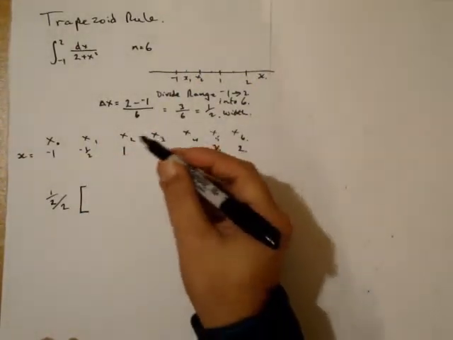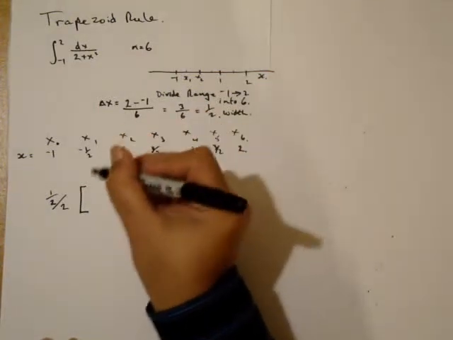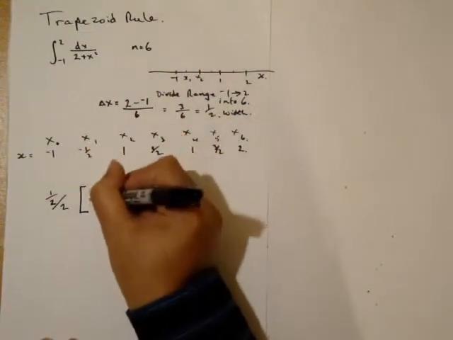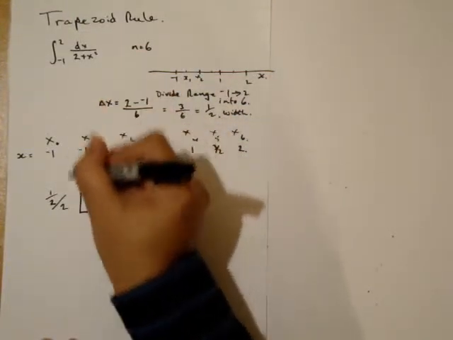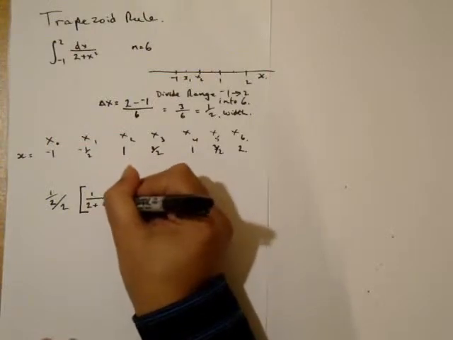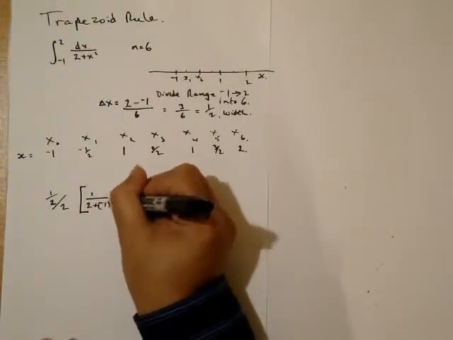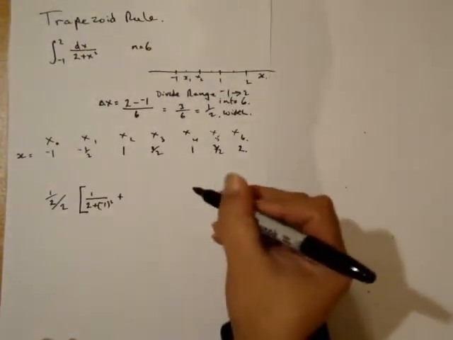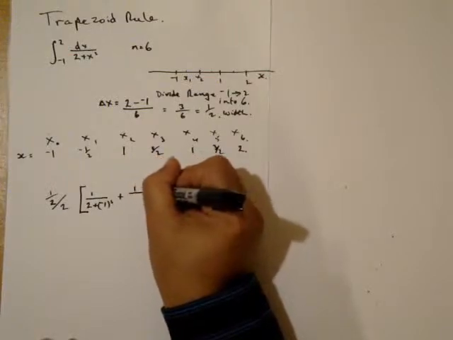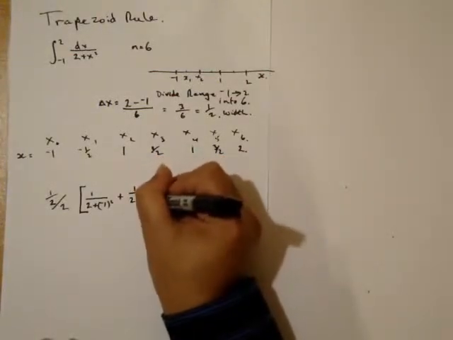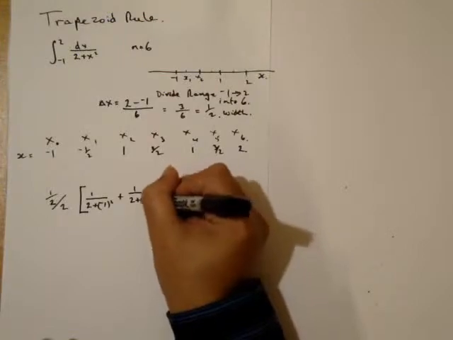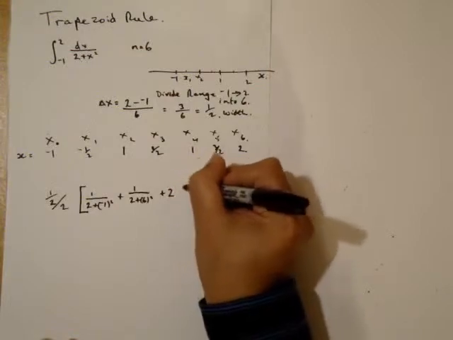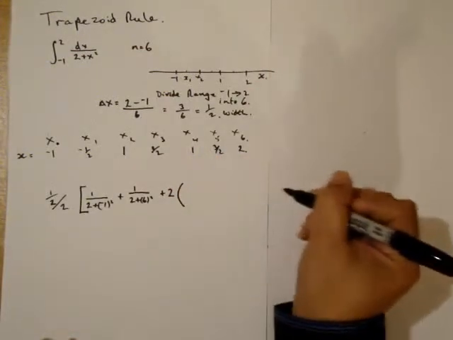Then we have our first f of x, so that would be at -1, so that's 1 over 2 plus -1 squared, plus our last value, which would be x6, which would be 1 over 2 plus 2 squared, and then plus 2, and then all our middle values.